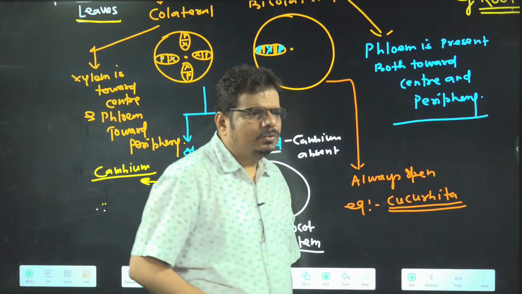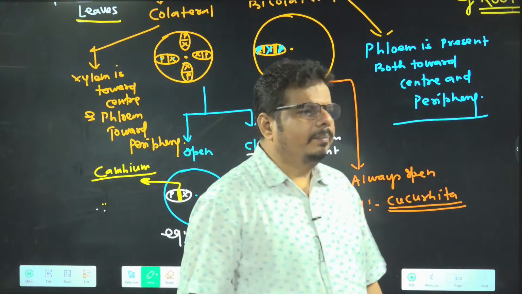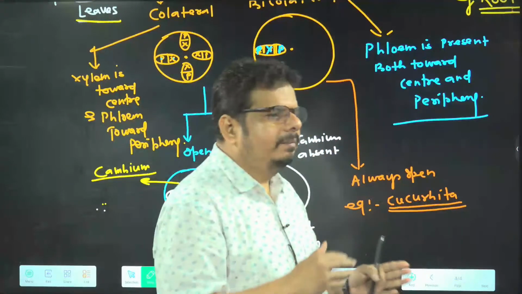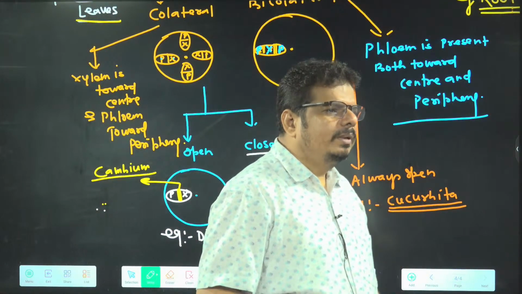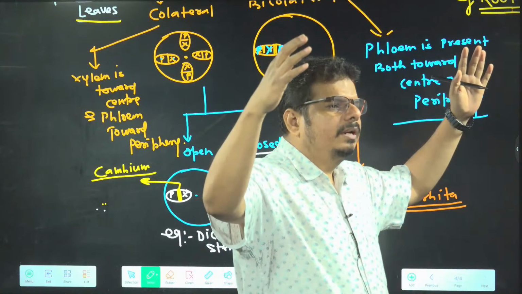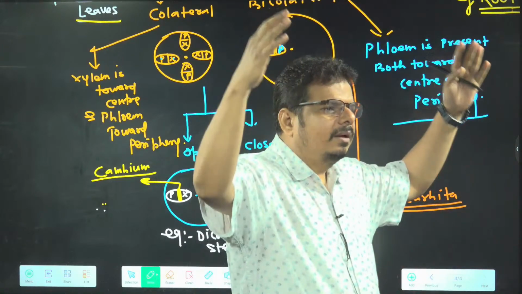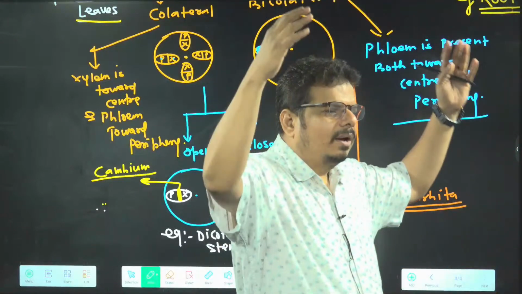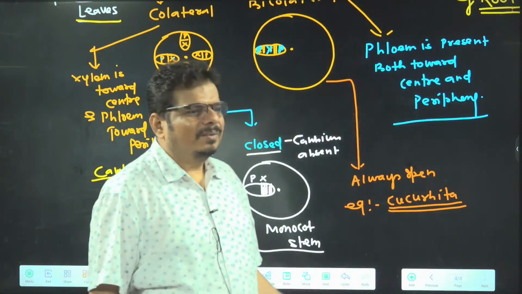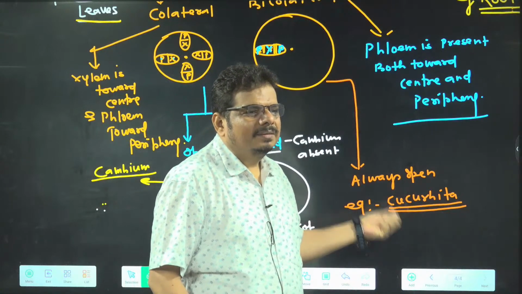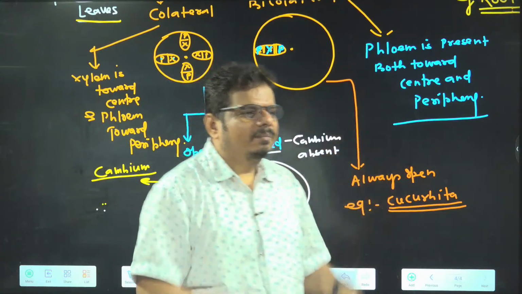So when I was a student like you, I used to mug up like this: both sides phloem means more food will be transported. When more food is transported, the fruit size is bigger. So see how big a watermelon fruit is, how big a cucumber is. Getting the things or not? So it is basically both side phloem, bicollateral.